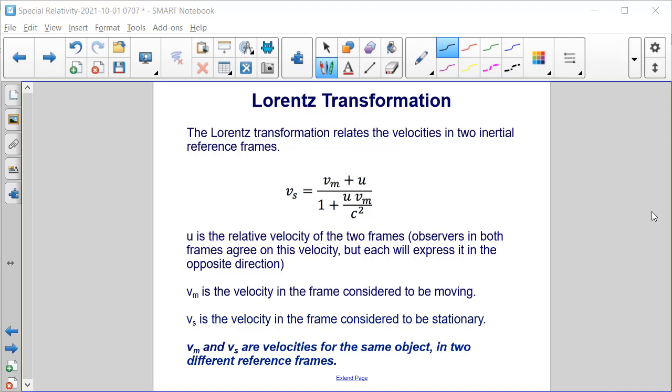The Lorentz transformation relates the velocities in two inertial reference frames. So I have an equation here. It looks a little bit similar to what we've seen before, but let's talk again about these variables. U is the relative velocity of the two frames. Again, observers in both frames agree on the velocity, but will simply express it in opposite directions.